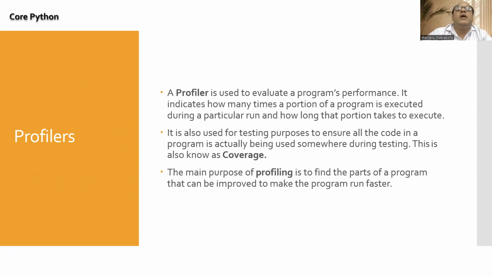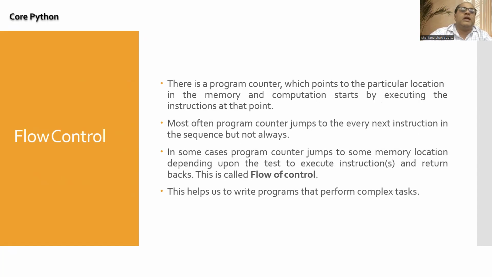So the profiler is used to evaluate the program's performance, and it indicates how many portions of the program are executed during a particular execution and what can be done so that we can optimize the source code. So that is the job role of a profiler, right?